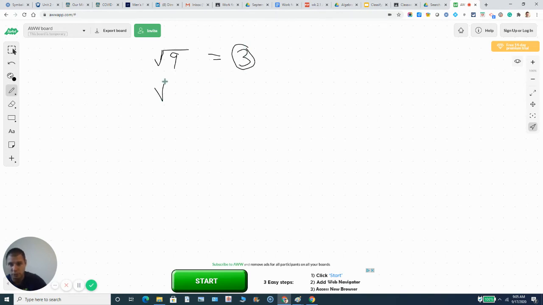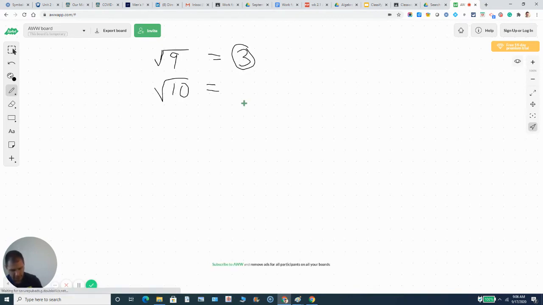But then we have the square root of 10. Well, there's no integer times itself that will give you an answer of 10. So if you have your calculator, go ahead and take it out because it'd be very difficult to get the exact answer without a calculator.